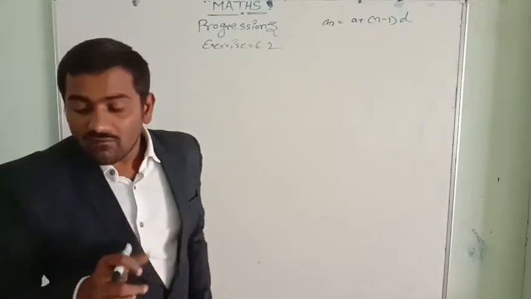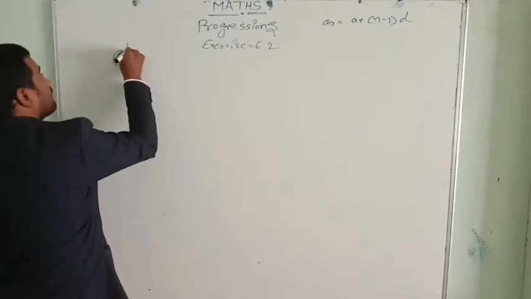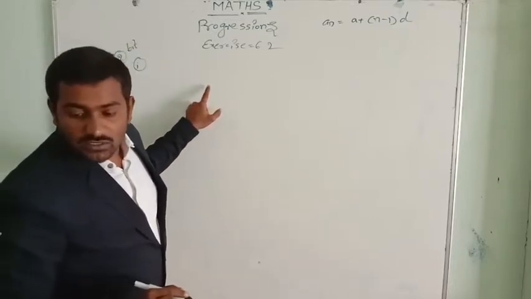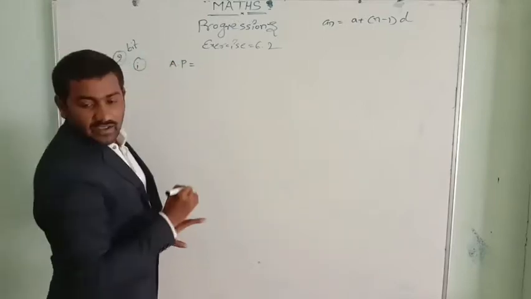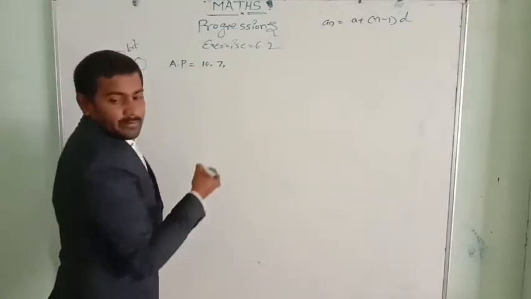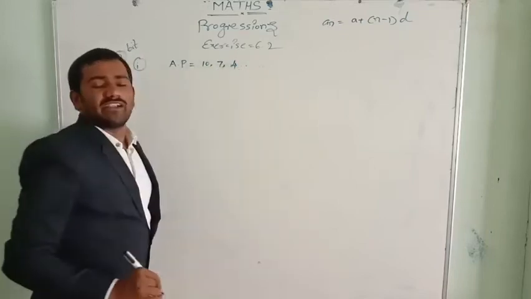Find the 30th term. The second bit, first question. What do we need to find out? See that an AP is given. What is the arithmetic progression? 10, 7, 4 and so on, an infinite arithmetic progression.